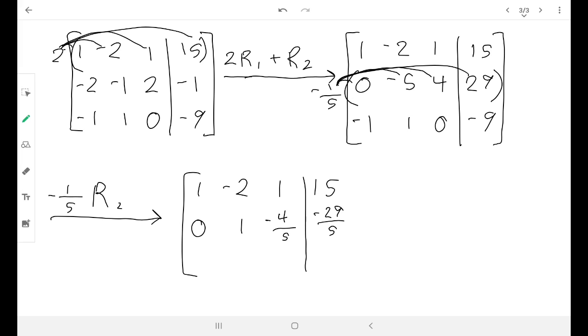That won't hinder us too much. And then -1, 1, 0, -9. So I've got that part.